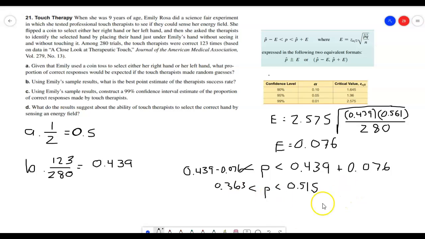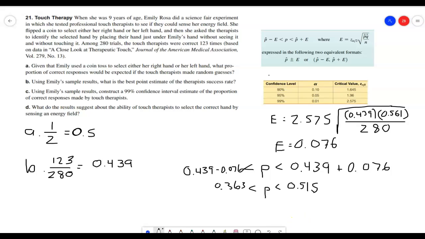That's actually a really large interval. The reason that the interval is so large is because we are using such a high degree of confidence that we need to allow for so many values. All right, so what do the results suggest about the ability of touch therapists to select the correct hand by sensing an energy field? It doesn't suggest that they're very accurate at it, right?